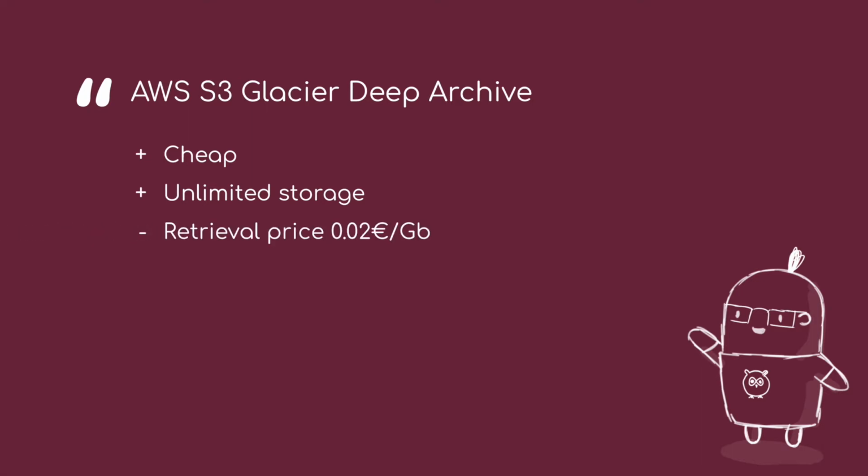The downsides are that, well, there's a retrieval price. So if we need to download the data back, it will cost like 2 cents per gig. And also there's a retrieval time, so we cannot instantly download the files. Instead, we have to wait a few hours before we can start the download process.